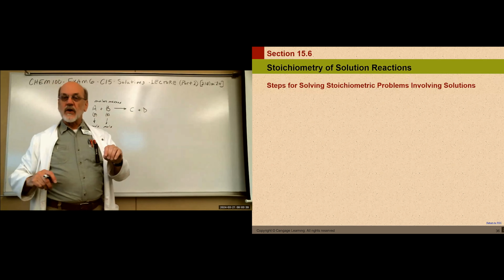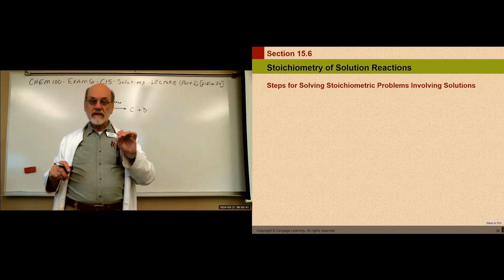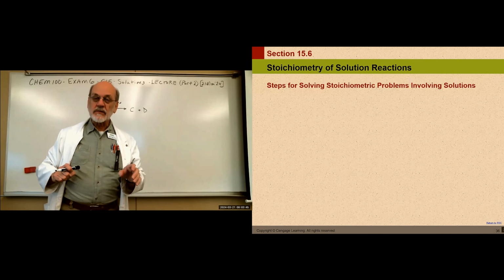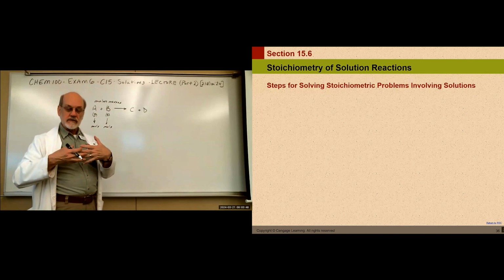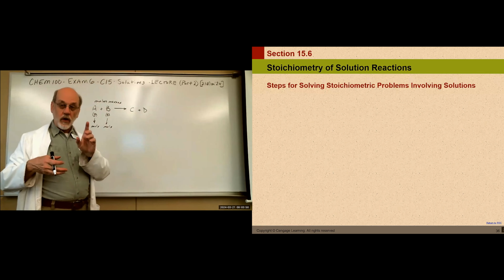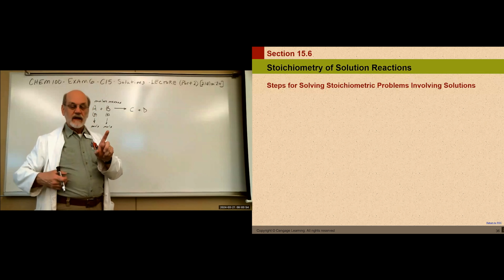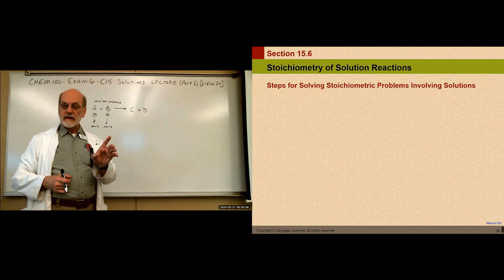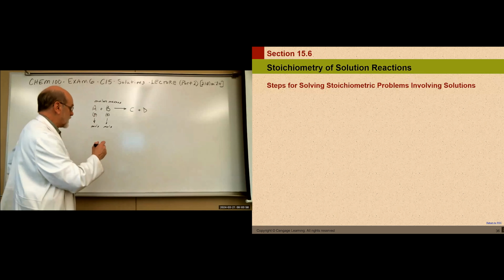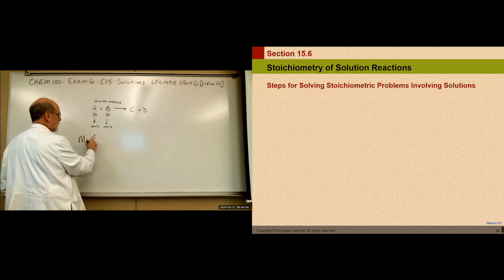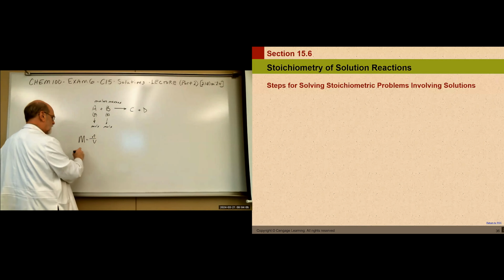But all reactants aren't necessarily given to you in units of mass. Sometimes you are mixing solutions, and the solutions are of a known concentration, usually molarity, and a given volume. And we know from our equation, molarity equals moles per unit volume.